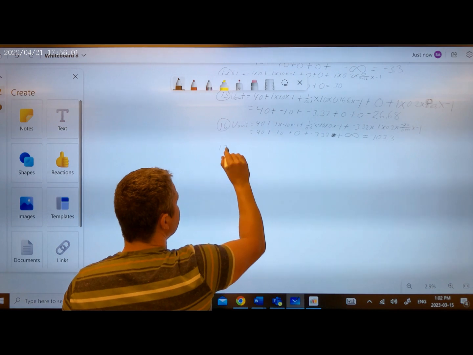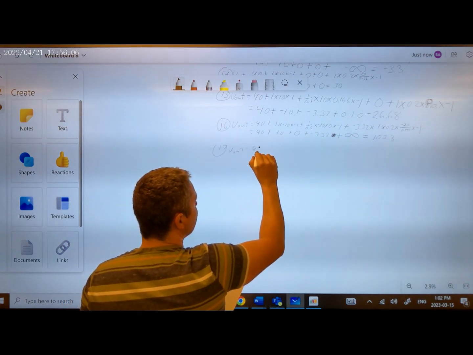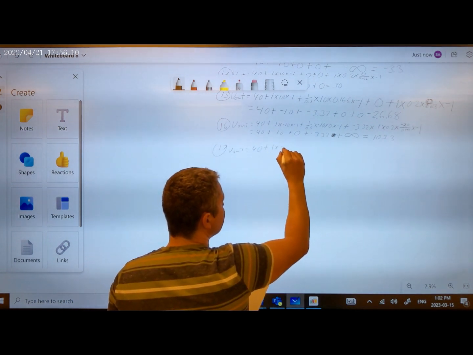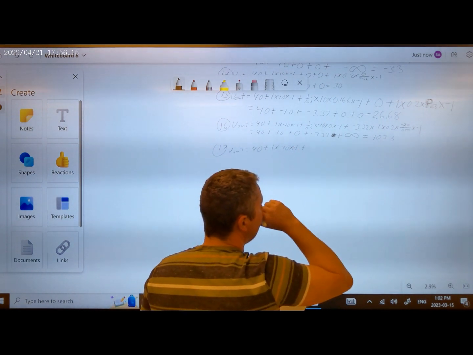So 17. V out equals 40 plus 1 times minus 10 times minus 1, plus our integral.